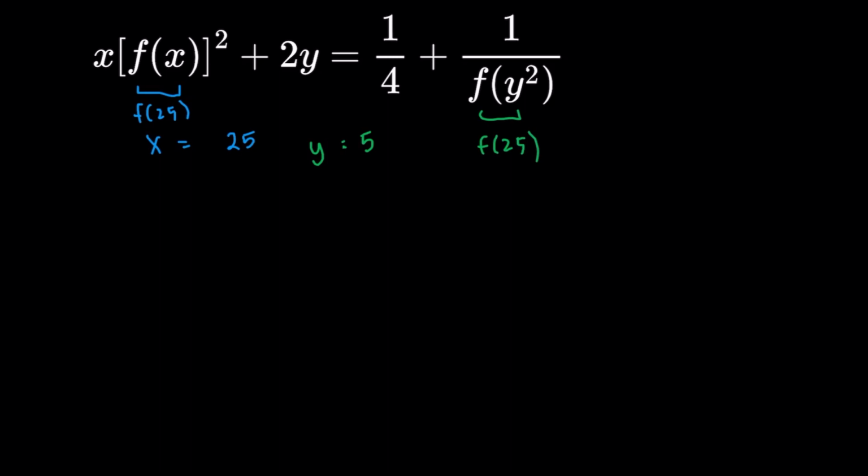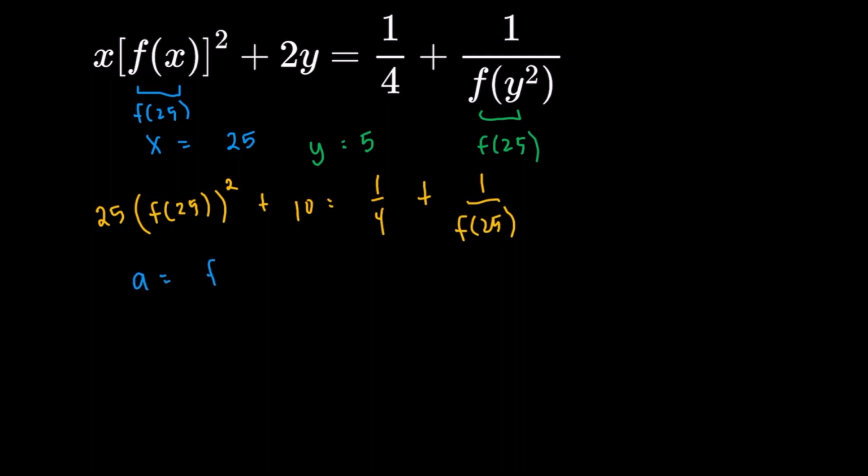So if I have x to be 25 and y to be 5, I'll have 25 times f of 25 squared plus 10 is equal to 1/4 plus 1 over f of 25. Just to simplify, I'll let a be f of 25. So I'll have 25a squared plus 10 equal to 1/4 plus 1 over a.